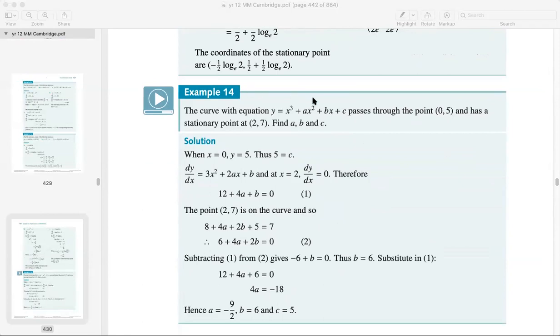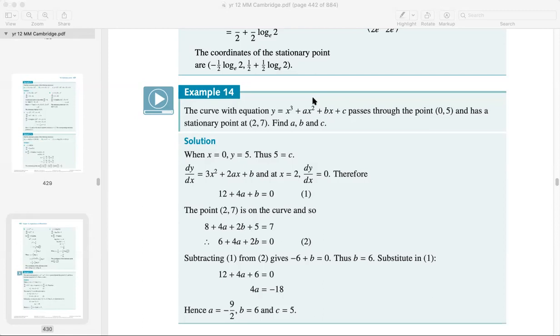The curve with equation y equals x cubed plus a x squared plus bx plus c passes through the point (0, 5) and has a stationary point at (2, 7). Find a, b, c. At first glance, we can see there are three unknowns a, b, and c, but we only have 2 points, (0, 5) and (2, 7).